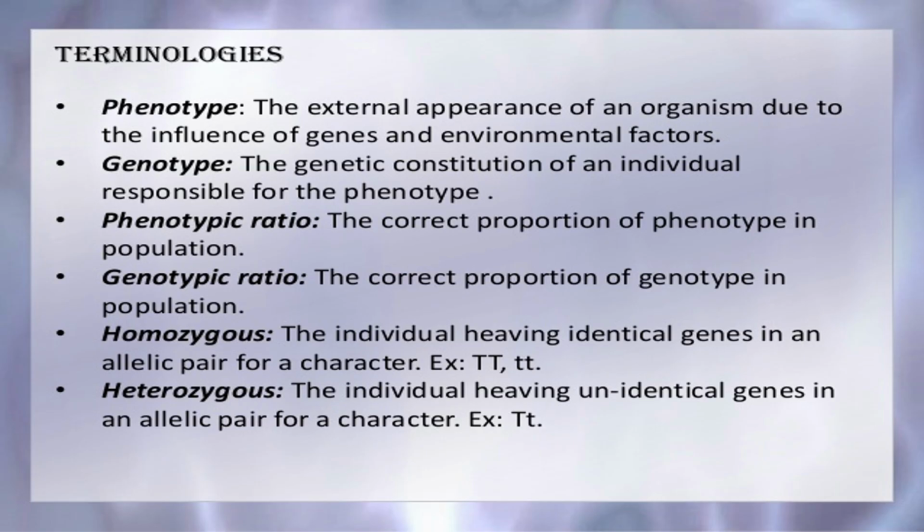Phenotypic ratio, the proportion of the phenotype in the population. Genotypic ratio, this is the proportion of the genotype in the population. Homozygous, the individual having identical genes or alleles in an allelic pair for a particular character. For example, capital T capital T or small t small t are homozygous for the plant height character. Similarly, heterozygous are the individuals having non-identical genes in the allelic pair.